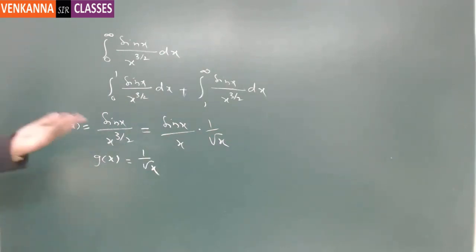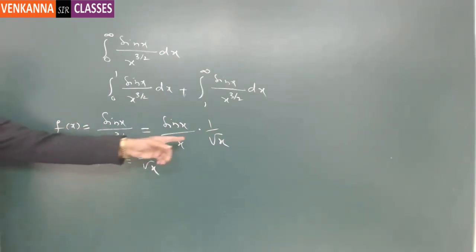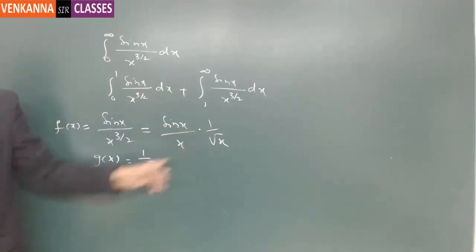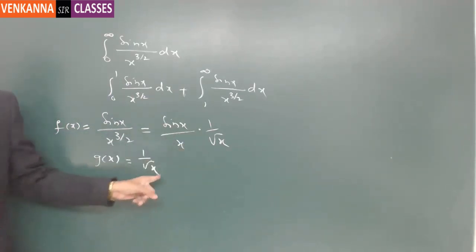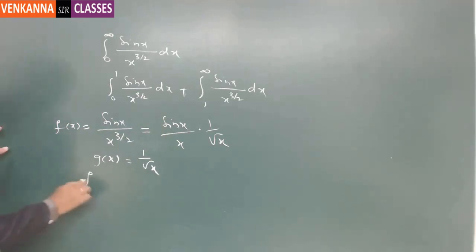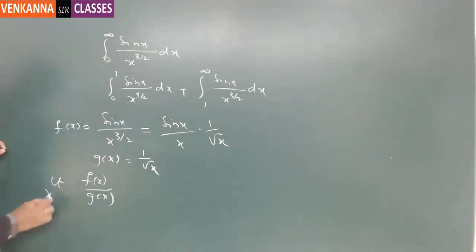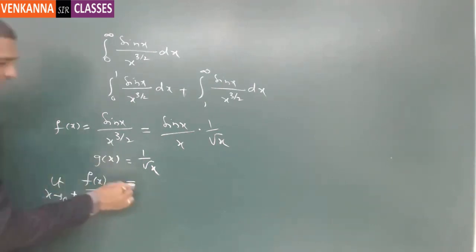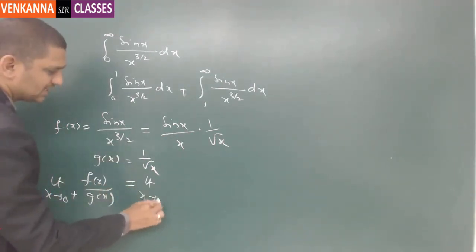So we go with the previous procedure. Since 1 by root x gives the discontinuity value, let us take g of x equal to 1 by root x. Now you calculate the limit of f of x by g of x, which is the limit as x tends to 0 plus of sin x by x.